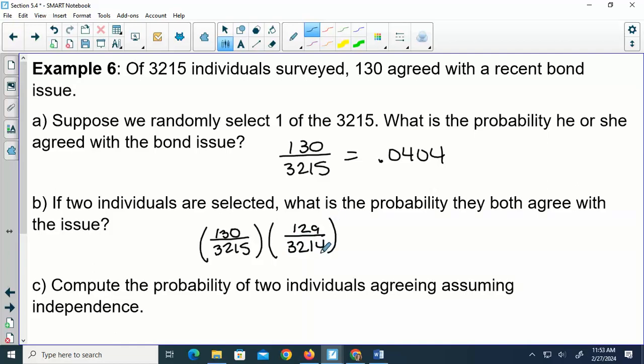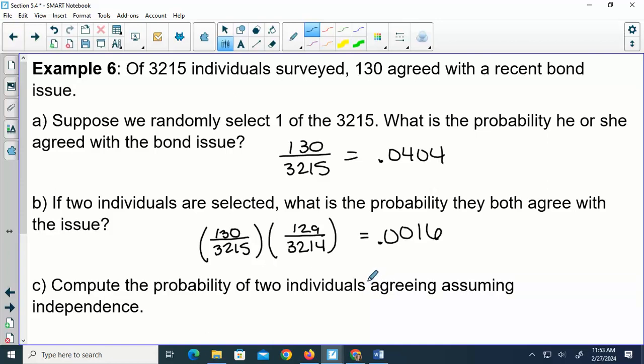Be 14 now, because we already talked to one of those. 0.0016. What would we call that type of probability?